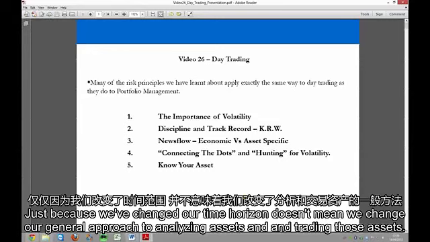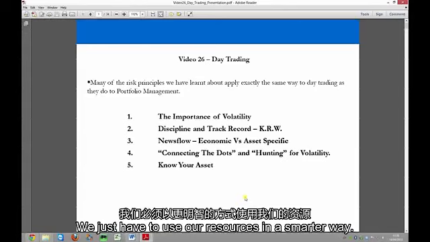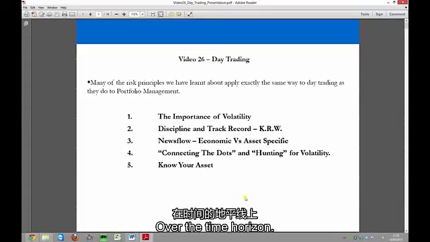Just because we've changed our time horizon doesn't mean we change our general approach to analyzing assets and trading those assets. We just have to use our resources in a smarter way over the time horizon we're looking at.